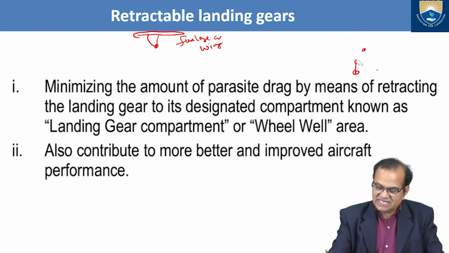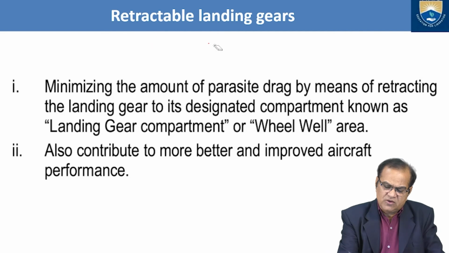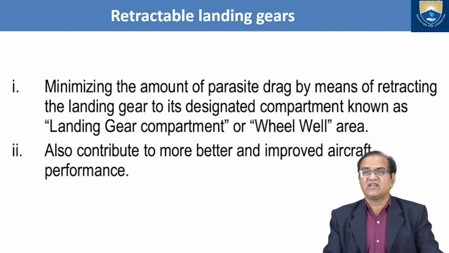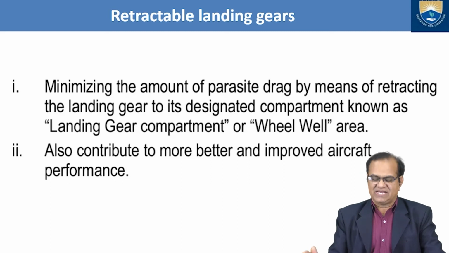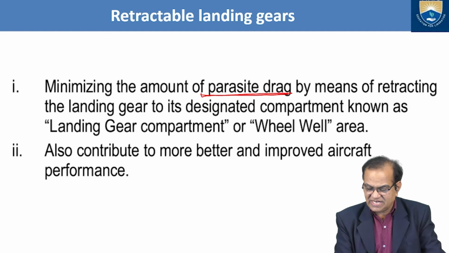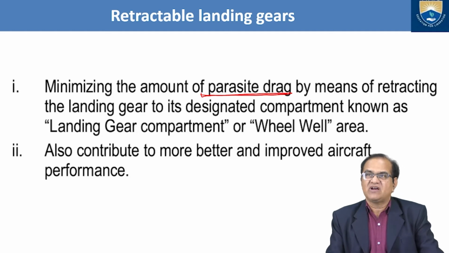So it is essential that we use the retractable gear as and when the aircraft is in the high speed zone, minimizing the amount of parasite drag. We minimize the parasite drag by retracting the landing gear into its designed compartment known as the landing gear compartment or wheel well area.